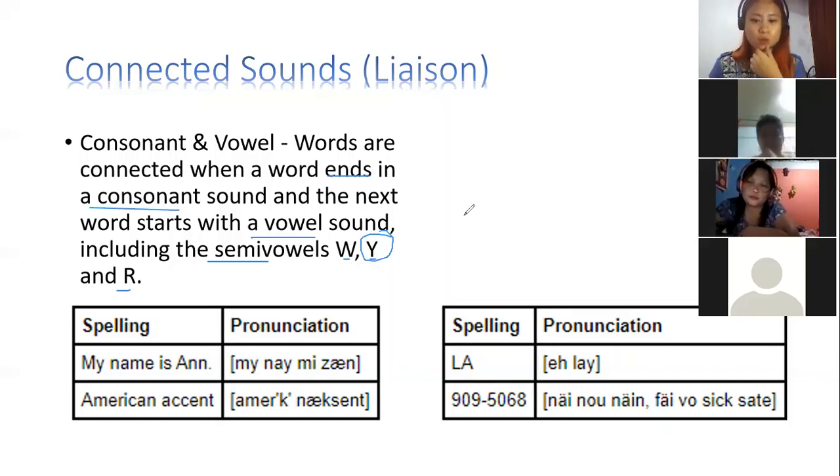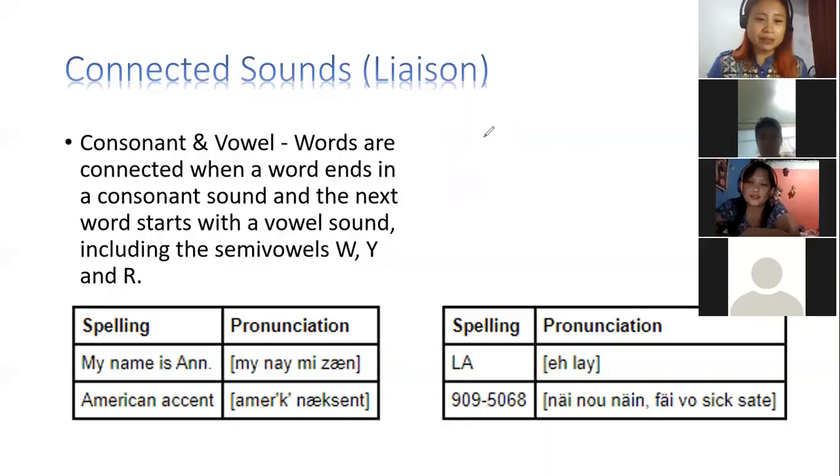If we say the word yeah, the letter Y doesn't really make the Y sound, but something in between the letter E, letter I, and letter A. Perhaps it's not a very good example, but you get the point.